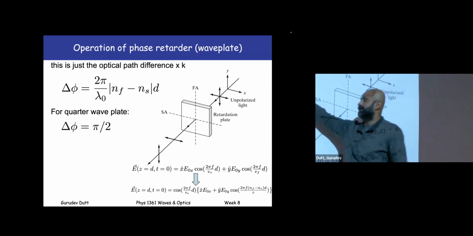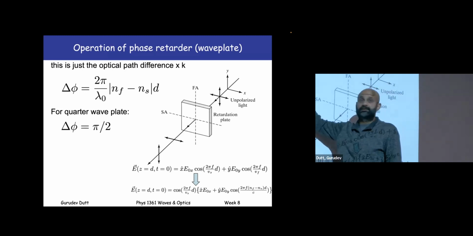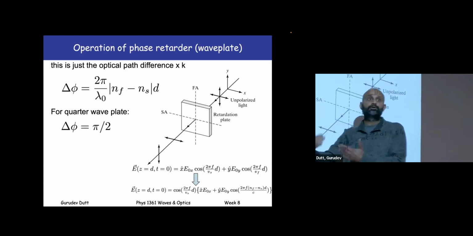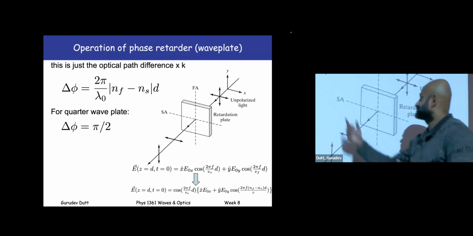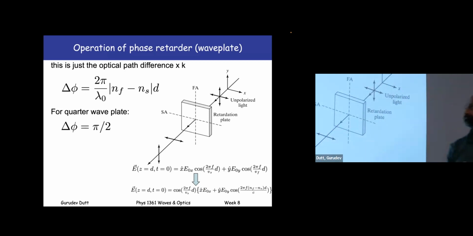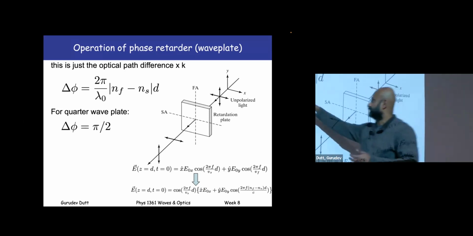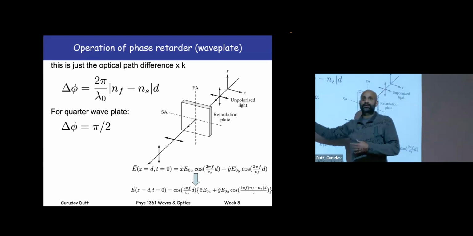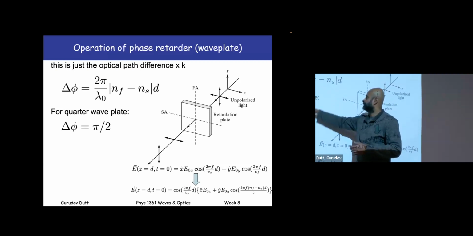So n_f and n_s could be given. You will find the difference times d, the thickness of the plate, set equal to lambda over 2. As soon as that's true, delta phi will become pi over 2. Sorry, lambda over 4. That's a quarter wave plate. So lambda over 4 will give me delta phi equals pi over 2.